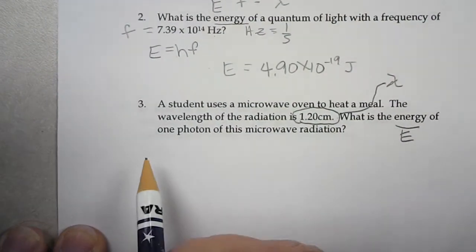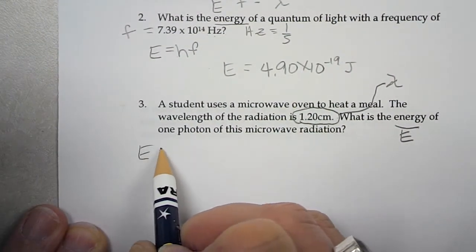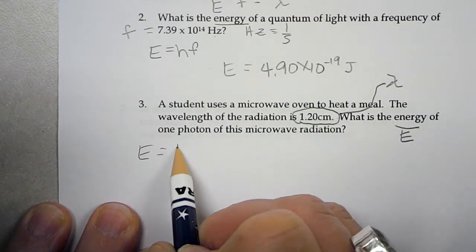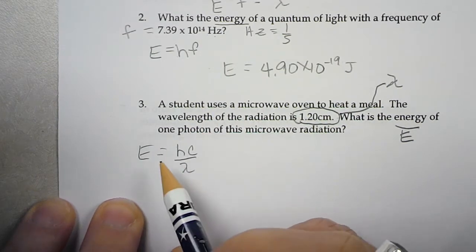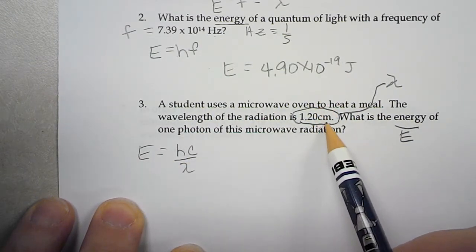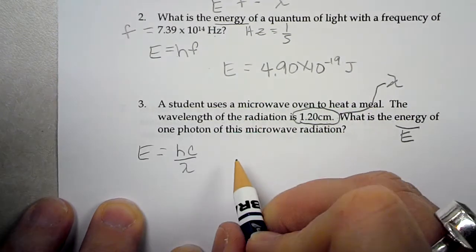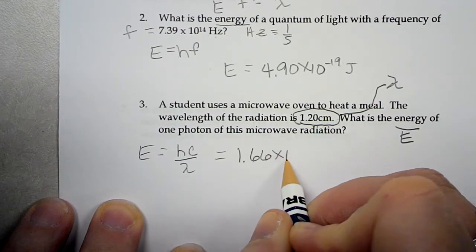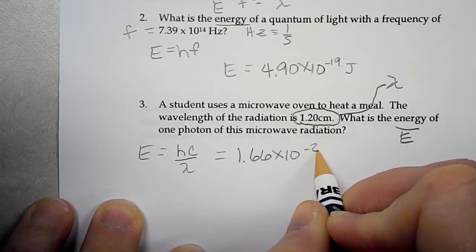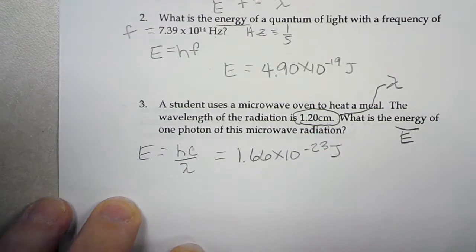Energy is equal to Planck's constant times the speed of light over wavelength. Please keep in mind that this is in centimeters, so you'll also have to have a conversion from centimeters to meters. When you're done, you will get an energy of 1.66 times 10 to the negative 23rd joules. All right, let's do the next one.